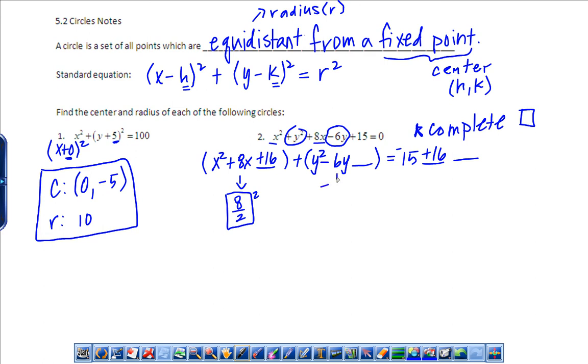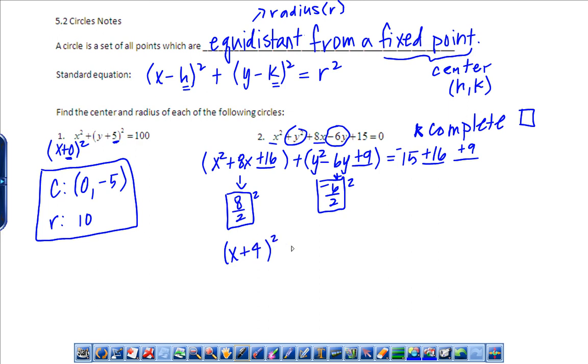Okay, take my middle term here again, take negative 6, half it and square it, and that's going to give you a positive 9. Because I add positive 9 to one side, I'm going to add positive 9 to the other. Now to write it in the standard equation format, I'm going to take my x, this is my quantity squared, so whatever is inside your box is going to be plus 4.